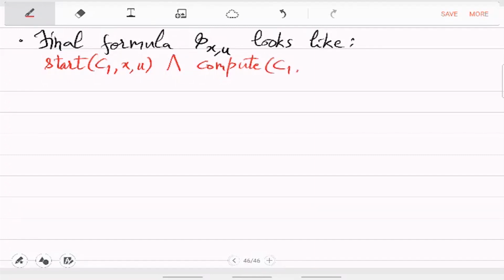Then a computation, a sequence of steps from configuration C1 to C2. So this will break further. I'm only giving the top view for now, and then stop with configuration C2, accepting x comma u, right? Accept configuration. So now let us look at the details.